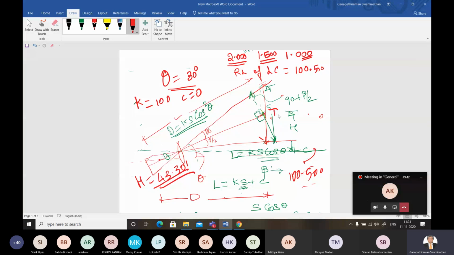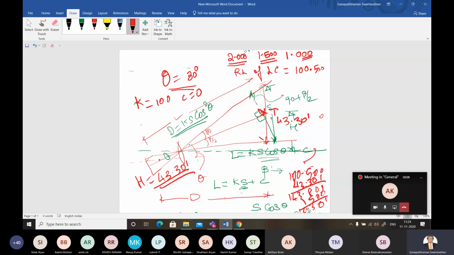Over and above this is 43.301. So you take 100.5 plus 43.301, 143.801 is this, minus of 1.5.